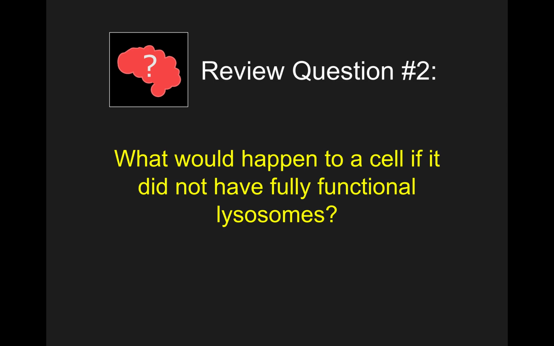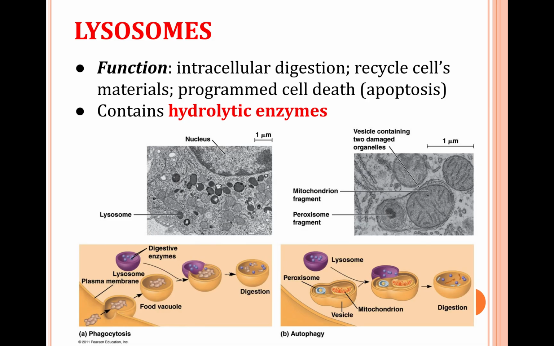So in the earlier slide, we talked about how lysosomes will digest worn out cell parts and other macromolecules and be involved in programmed cell death. So any one of those things might not be able to happen.